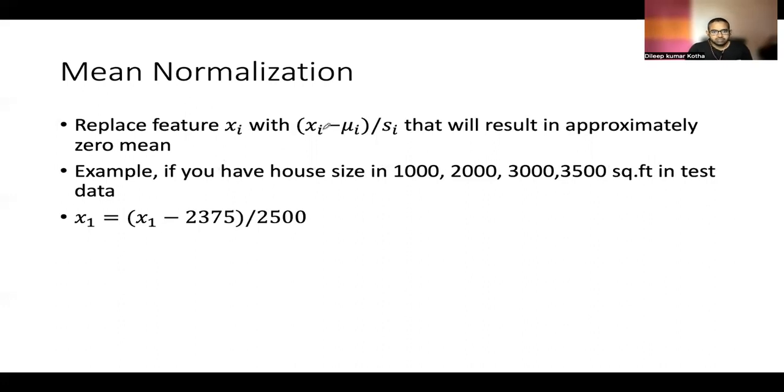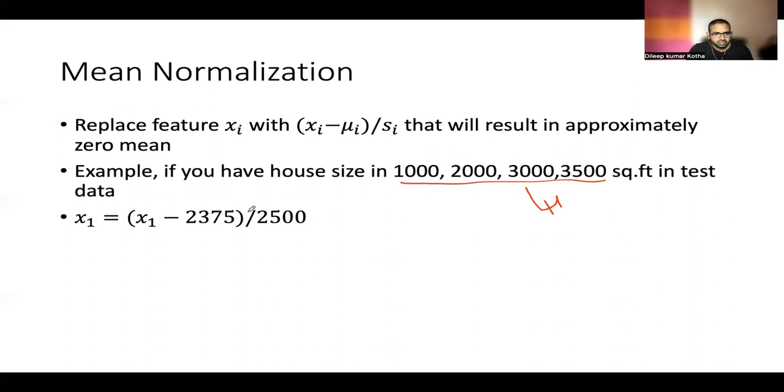Let's take an example to explain this. Say you have size of the houses given like this in the test data. Now we take the average of all these values. It will be adding all of them divided by 4. So this will result in mu i, which is the average, which is the mean, which is 2375.